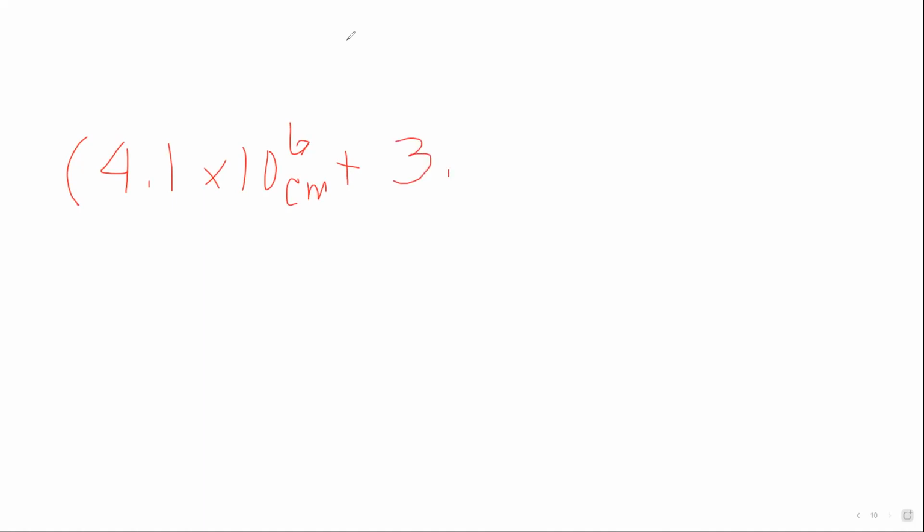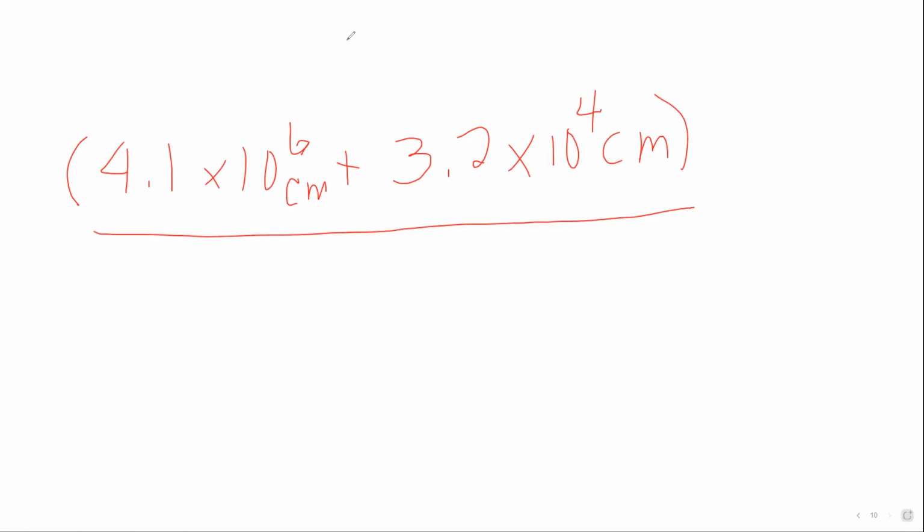So 3.2 times 10 to the, let's make it fourth centimeters divided by, let's say we're going to do 5.6 times 10 to the 9th. And we're going to make this centimeters per milliliter. So just the milliliter here, okay?